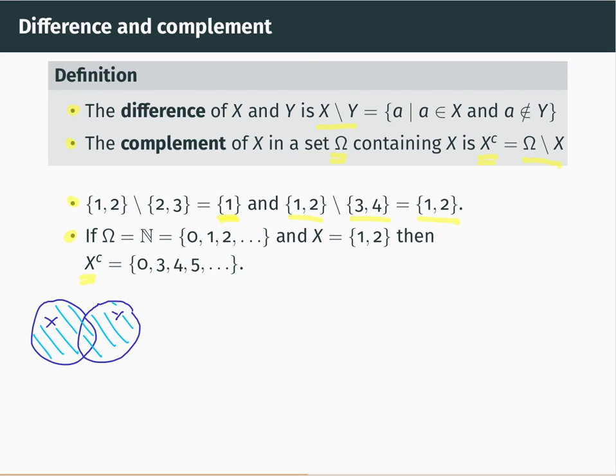That then is x union y. If we look at x intersection y, well, that's the area in common between those two sets. So here is x and here is y, and this time the overlap between them would be x intersect y.